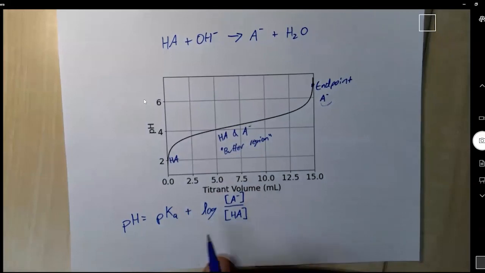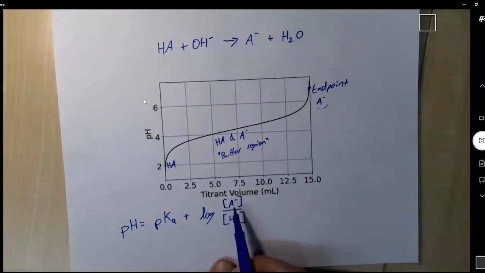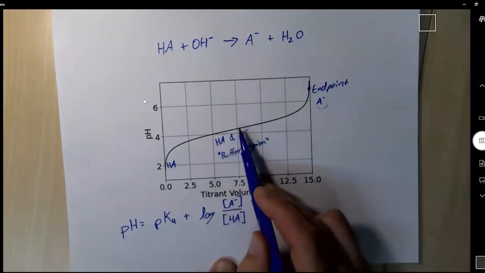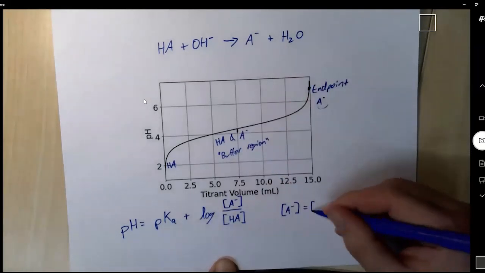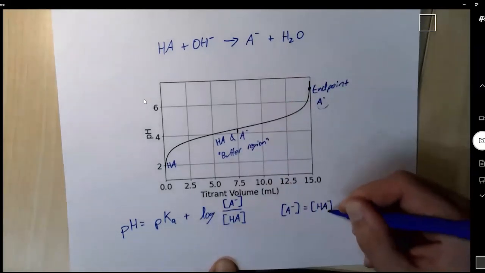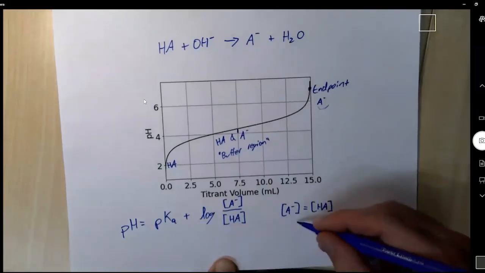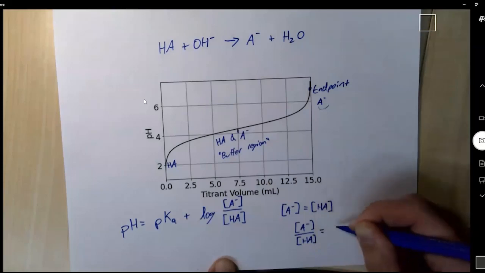Right. And so one of the useful things that comes out of this equation is the fact that when you have equal amounts of A minus and HA, right, so if you're exactly halfway through your titration here, you've turned half of your HA into A minus, so A minus equals HA, and so A minus divided by HA, since these two numbers are the same, this equals 1.